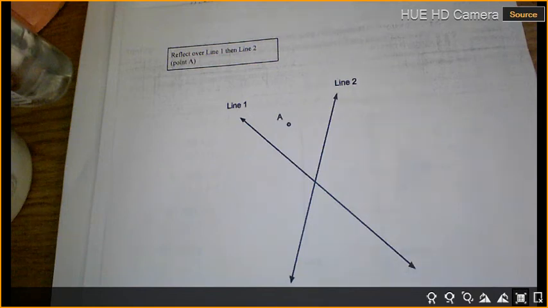So let's say you did it all today, didn't look at it again till Monday. I want it to spark enough memory so that you're like, I do know how to do this. And not, I forgot all the geometry that I've ever learned because we had 5 days off. Right? Because that happens too. Okay? So this is why I'm doing it. I know it's worth a lot of points. It's to emphasize that I want you to do it. It's worth a lot of points because I want it to be good.